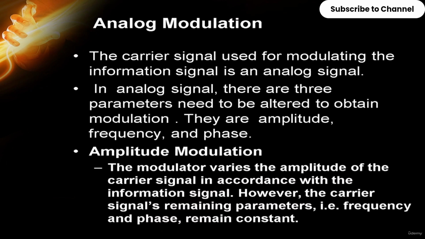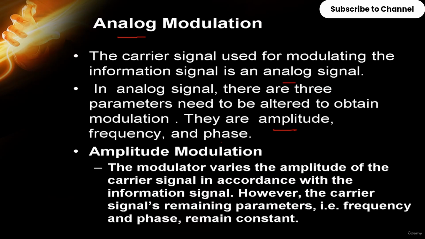And we'll see analog modulation. So what is analog modulation? The carrier signal is used for modulating the analog signal. In analog modulation, three parameters are used to make the modulation: amplitude, frequency, and phase.